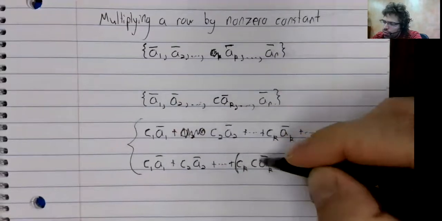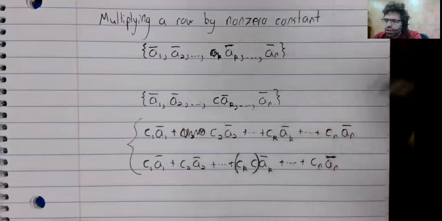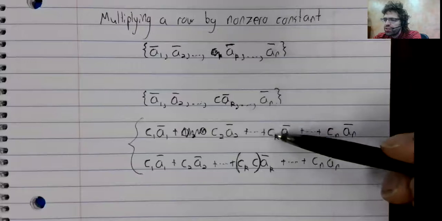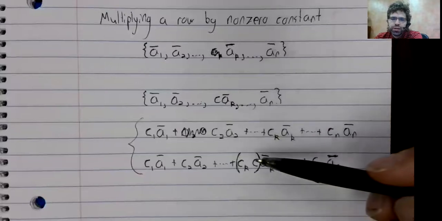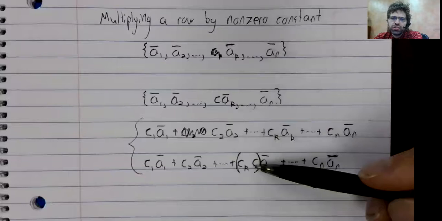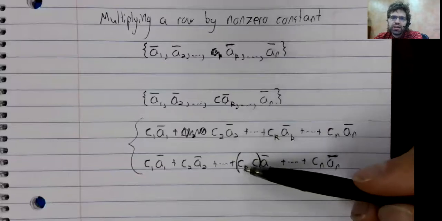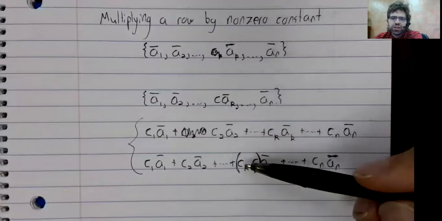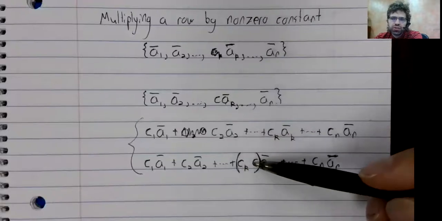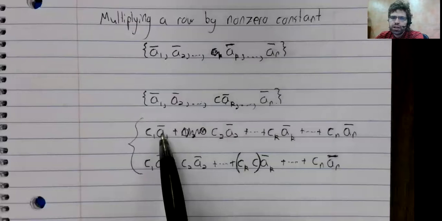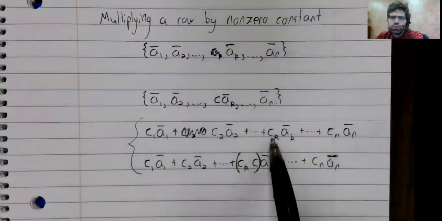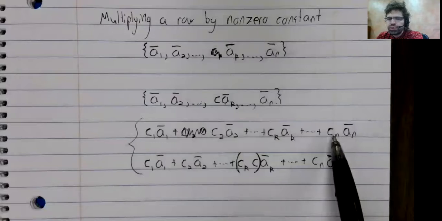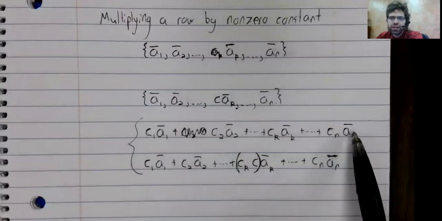And as I said, the workhorse here is the word arbitrary. C sub k could be any real number. Well, if C is non-zero and C sub k can be any real number, then C sub k times C can also be any real number. So any real number times A sub 1, any real number times A sub 2, any real number times A sub k, up to any real number times A sub n.